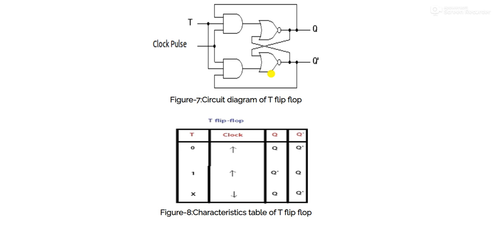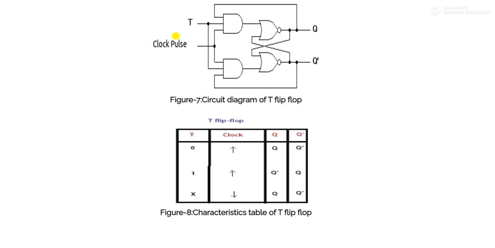As you can see in the figure, in T flip-flop there is one input, and that is the combination of this input and this one. J and K both are combined to each other, and it is known as T input. So for J equal to 1 and K equal to 1, we will get the toggle condition, toggle state.